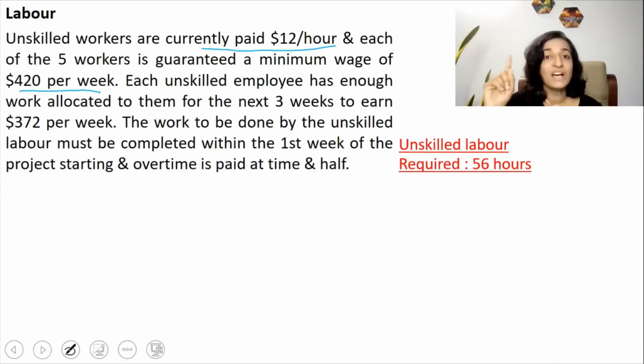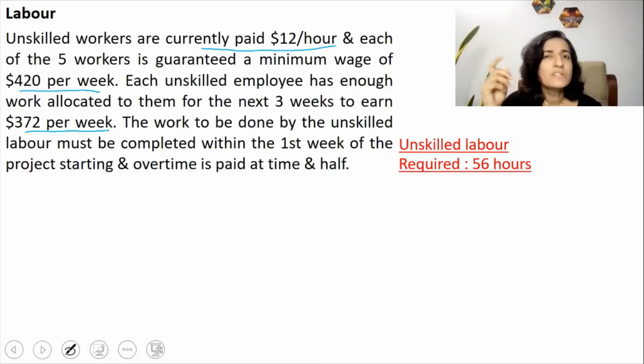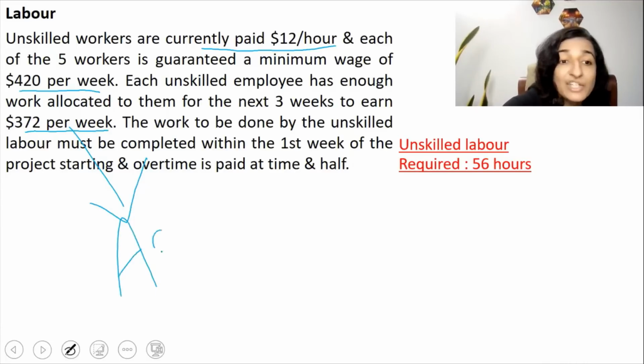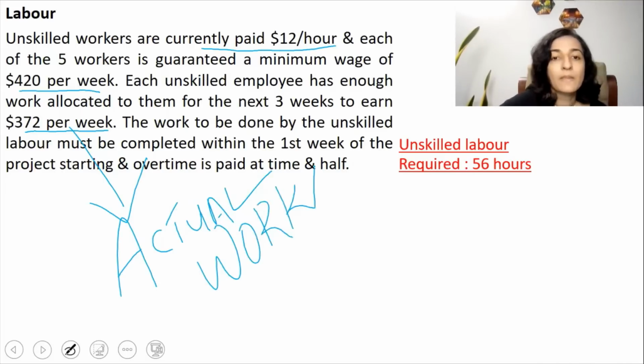Okay. Each unskilled employee has enough work allocated to them for the next 3 weeks to earn $372 per week. What is $372? $372 is the amount that is paid for the actual work done by the workers. But we are forced to pay $420 per week.